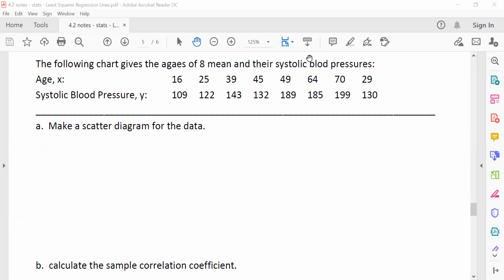So give me one moment. I'm going to go put all this data in. You can put it into your regression calculator.